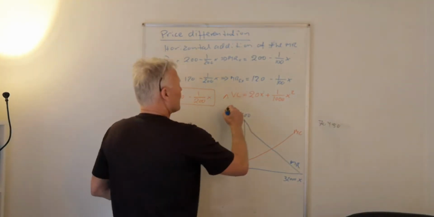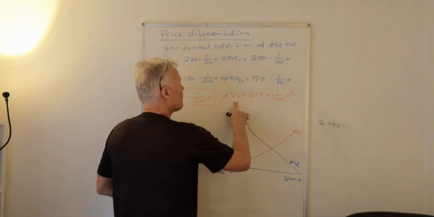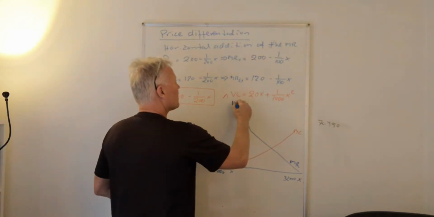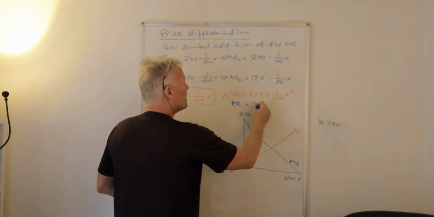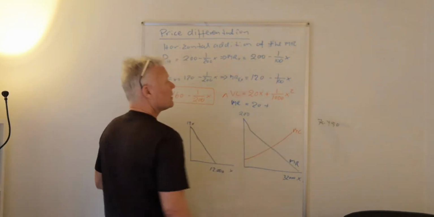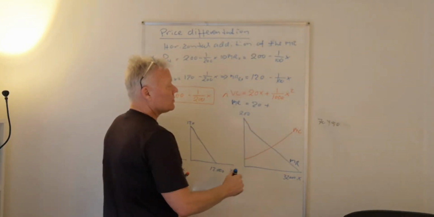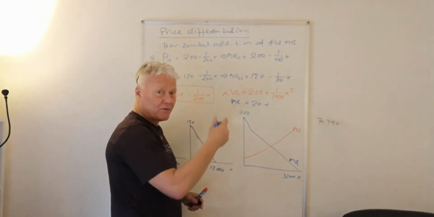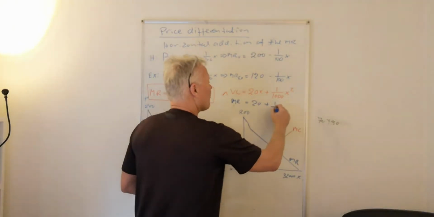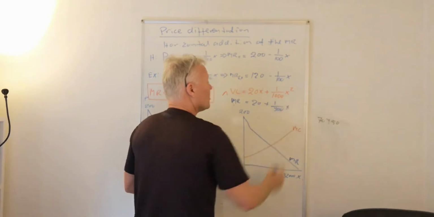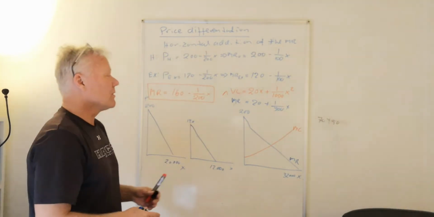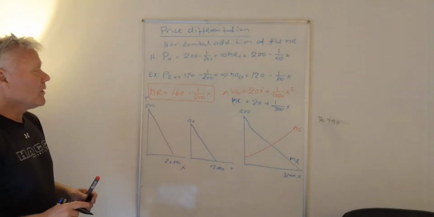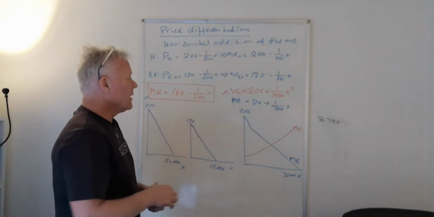And the marginal cost is the variable cost differentiated. So the marginal cost will be 20 plus 2 over 1000x. It's the same as 1 over 500x. You could write 2 over 1000. It doesn't matter what you do as long as it's right.